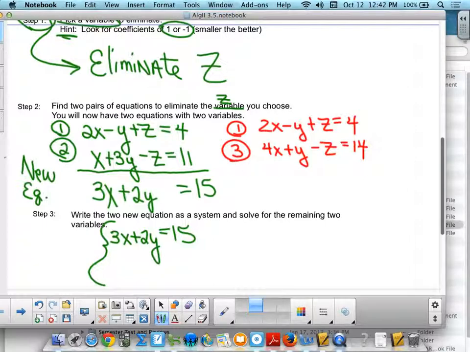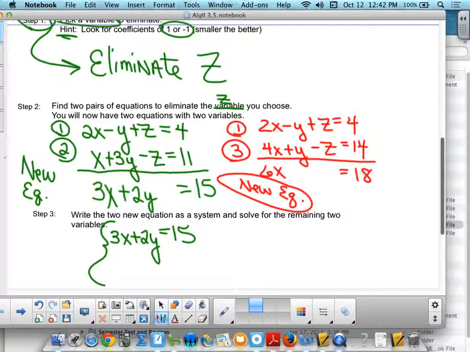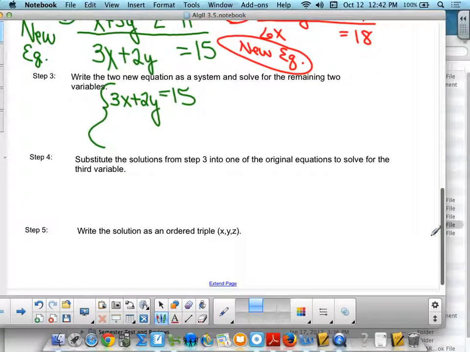So just start adding down. What's left? 6x. Nothing for y's, nothing for z's, equals 18. Brand new equation with how many variables? Just one variable? This is nice. 6x equals 18.